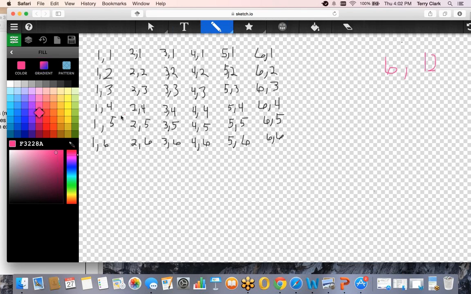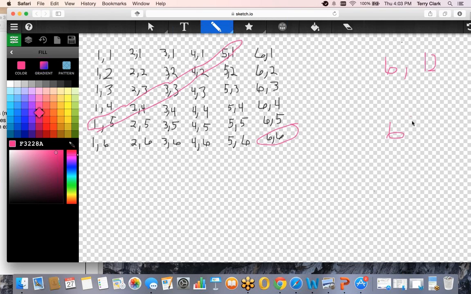So we're going to find everything that is 6. These are all 6s right here. And then we have to find 12 right there. Okay, so those are the numbers. 1, 2, 3, 4, 5, 6.